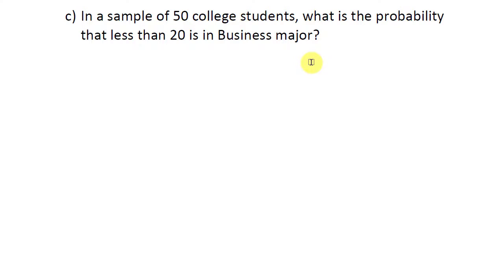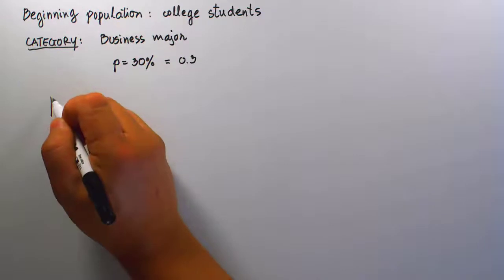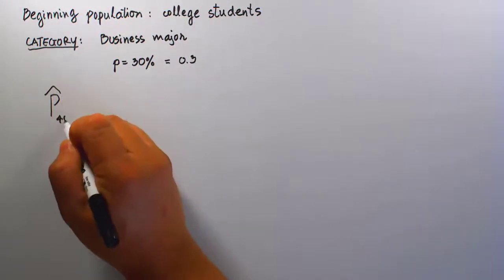Part C of our example 1 is independent of parts A and B, simply because our sample size has now been changed to 50 college students. So we're no longer working with p hat 40.